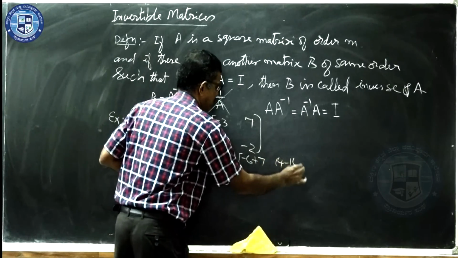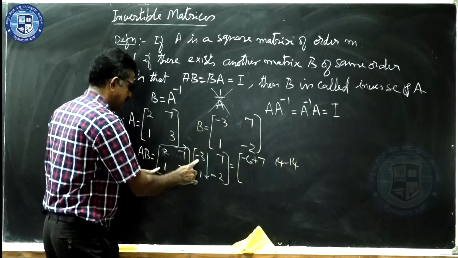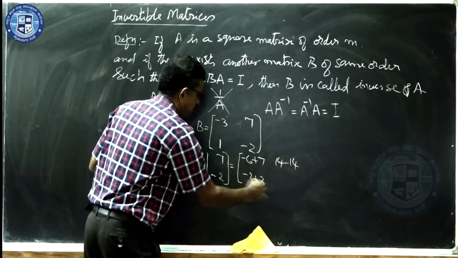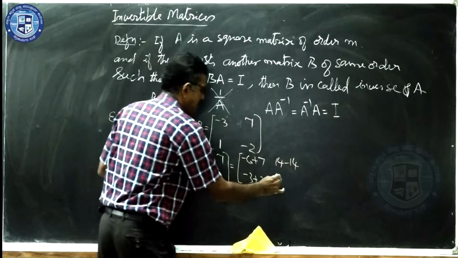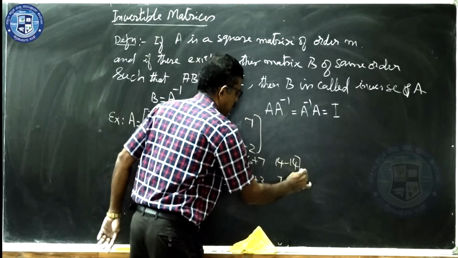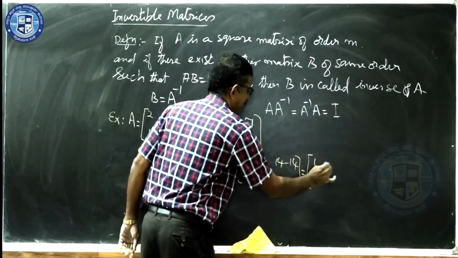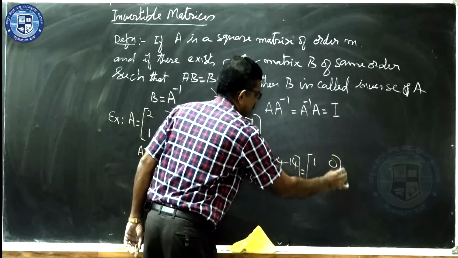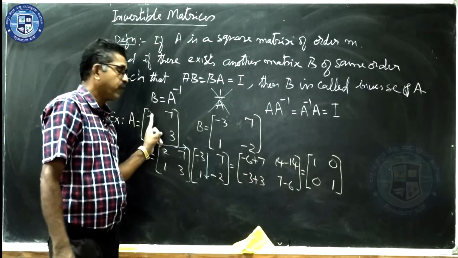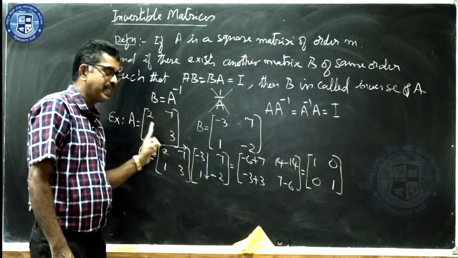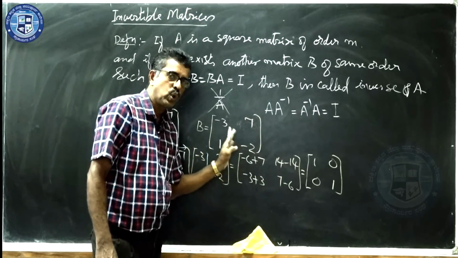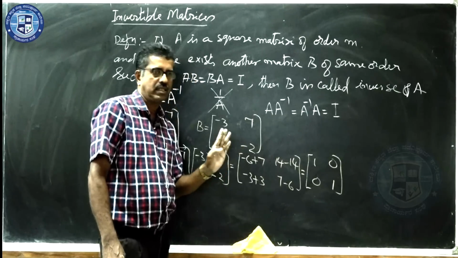It is minus 14. What is 1 into minus 3? It is minus 3. What is 3 into 1? It is 3. What is 1 into 7? It is 7. What is 3 into minus 2? It is minus 6. Do you observe that you get the identity matrix? Yes. Therefore, what is your conclusion? For the matrix 2, 7, 1, 3, the matrix minus 3, 7, 1, minus 2 would be its inverse.